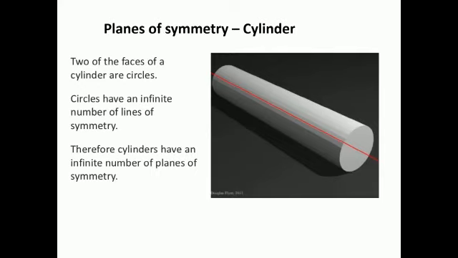Circles have an infinite number of lines of symmetry. Therefore, cylinders also have an infinite number of planes of symmetry. So the sphere, cone, hemisphere and cylinder, all 4 have an infinite number of planes of symmetry because their base is related to the circle.